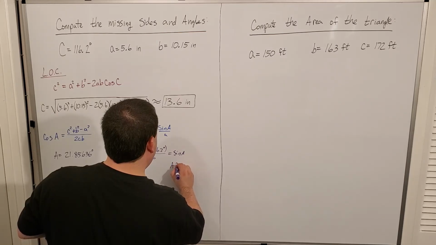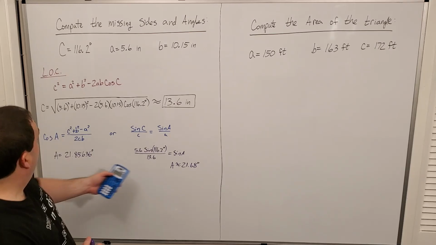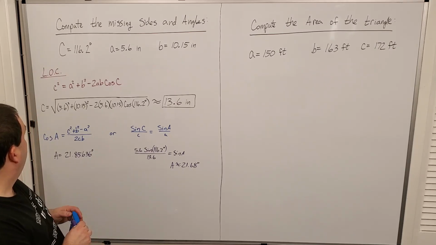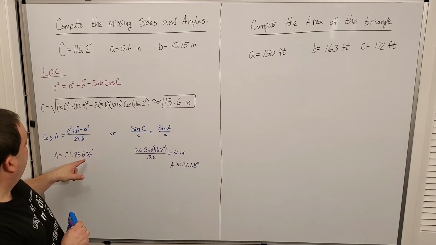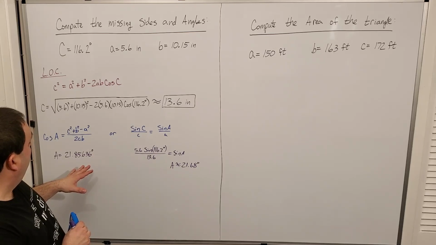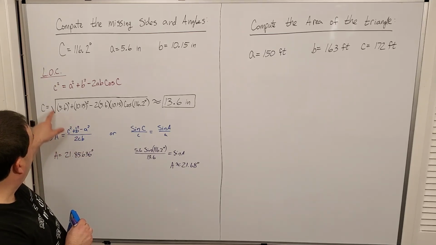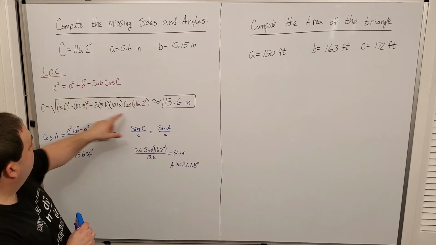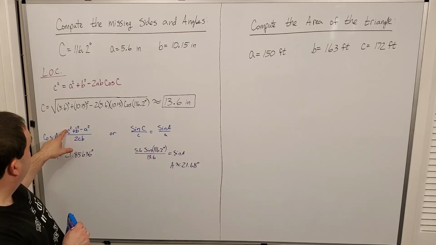So as you can see, they're a little bit off of each other. Which one would I consider to be more accurate? Well, when I did c squared here, I didn't use the chop as much, so that could account for the differences in the angle here. Because when I did c squared, I used the original value, so it wasn't chopped at the 13.6 for this c squared here.